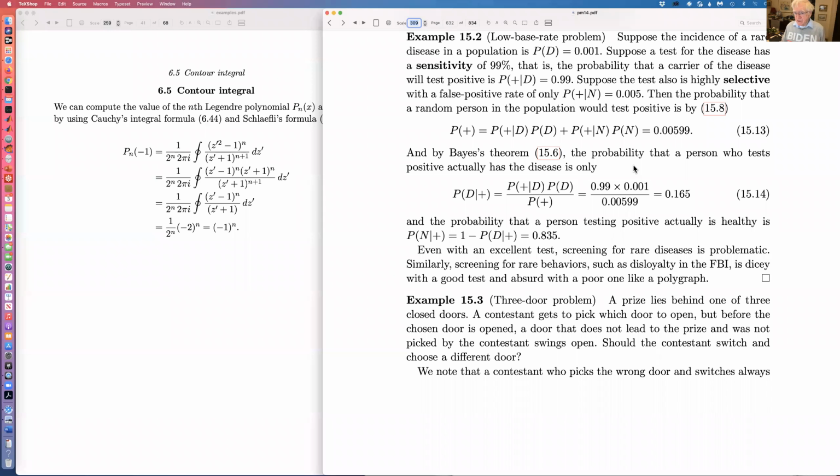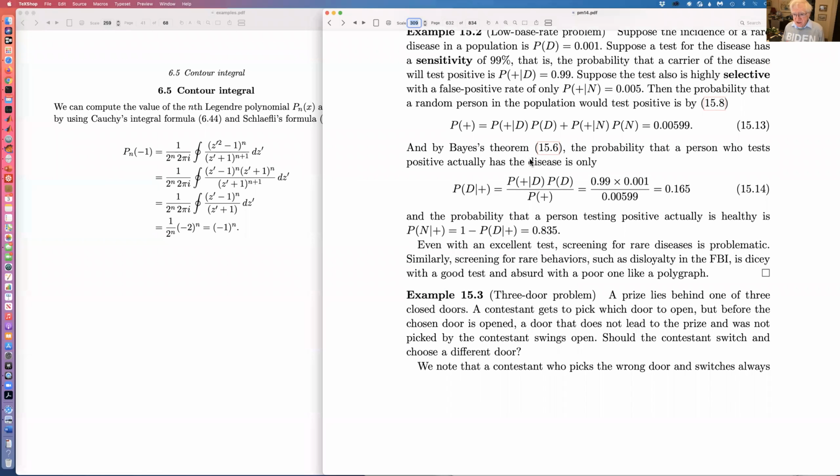Then by Bayes' theorem, you get the probability that a person who tests positive actually has the disease. Well, it's the probability of disease given a positive test. This is the Bayes answer. This expression here is 0.99. Probability of disease is 0.001. And the probability of a random person testing positive is P plus, and that's this.